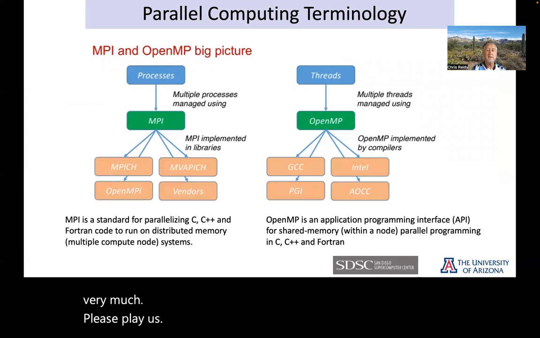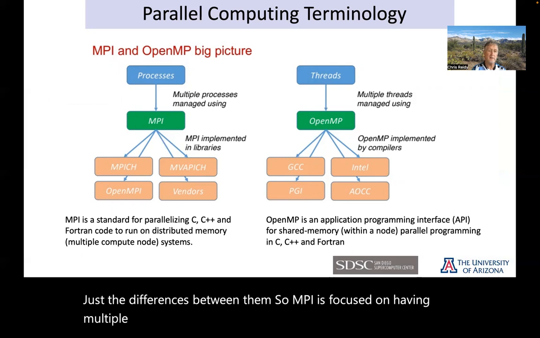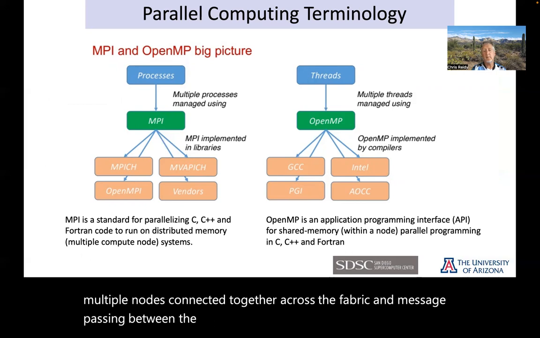Okay, a really simple view of MPI and OpenMP, just the differences between them. So MPI is focused on having multiple nodes connected together across a fabric and message passing between the nodes. OpenMP is more about a single compute node.